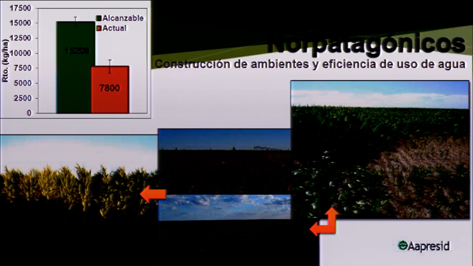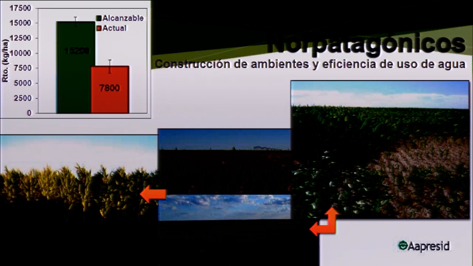This is in the province of Rio Negro, in Patagonia. We are reaching 15,200 kilograms. Average yields are about 7,800 kilograms.